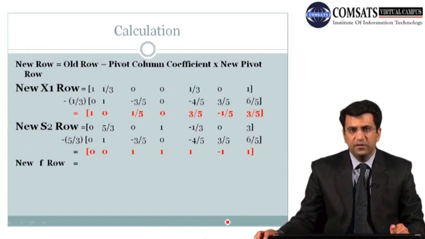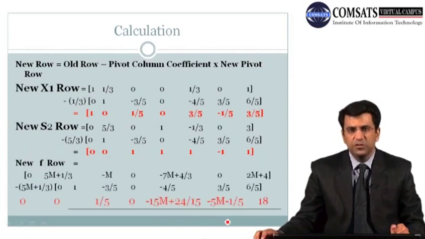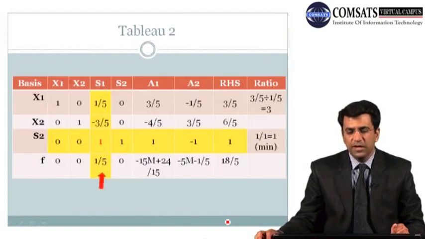And now you must be well aware of how we are computing all of these values for non-pivot rows. So in this fashion we can get the values of all of these rows, and this is our next table. Again, first of all we will put the values of the pivot row in this table, and then we will put all the values of rows other than the pivot row on this table.